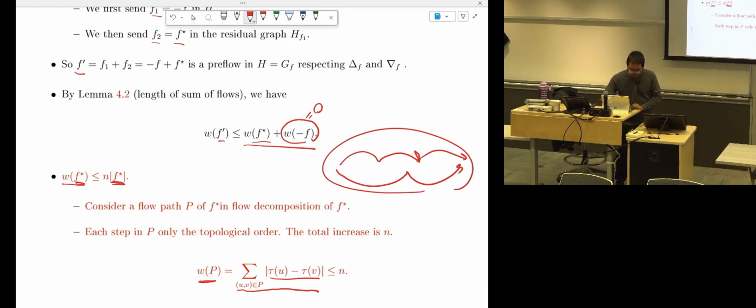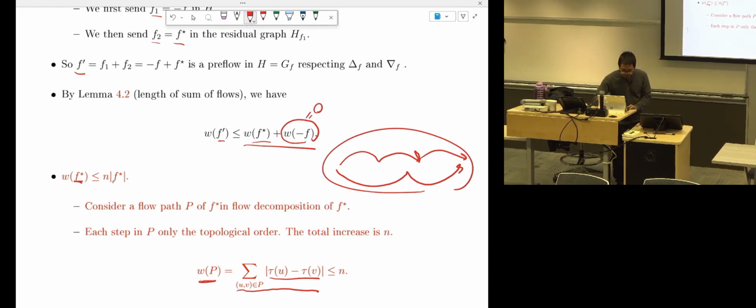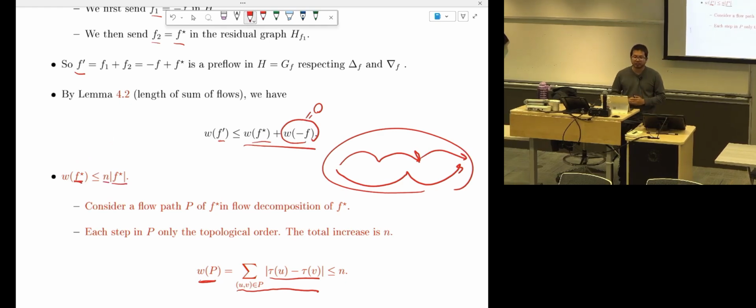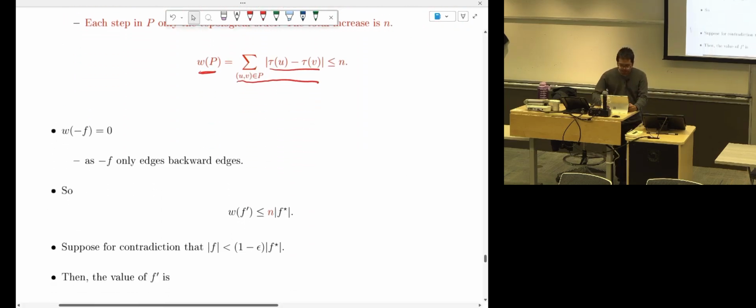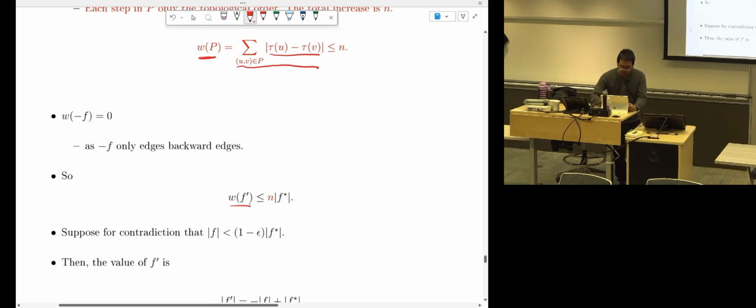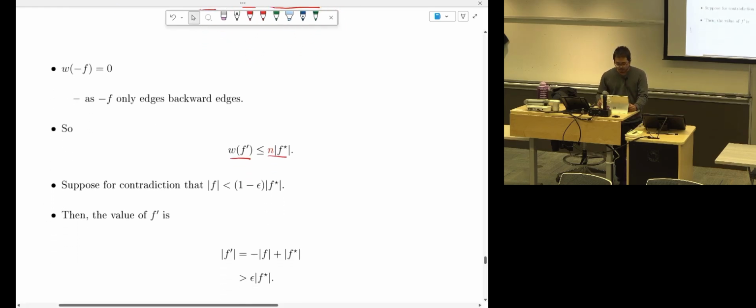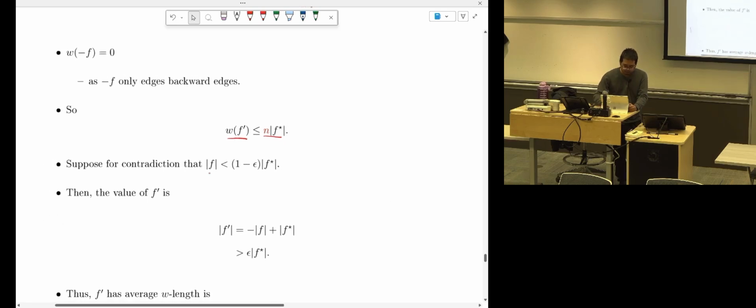And this is a flow, so there's no flow path that doesn't reach the sink, right? There are this many flow paths, and each path has this length. So then we get that the length of f prime is at most n times f star.